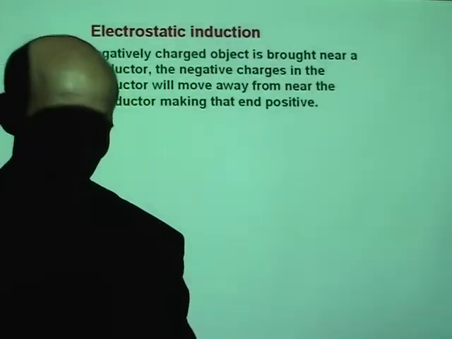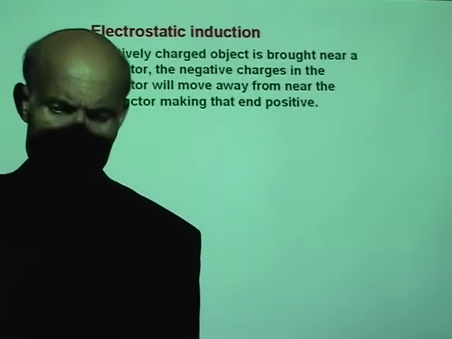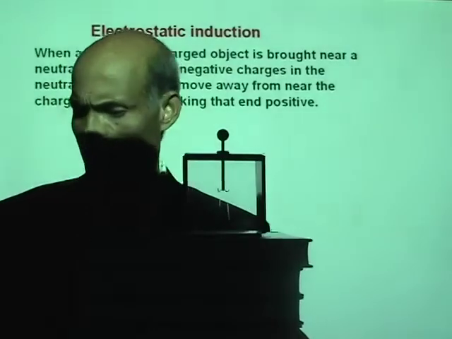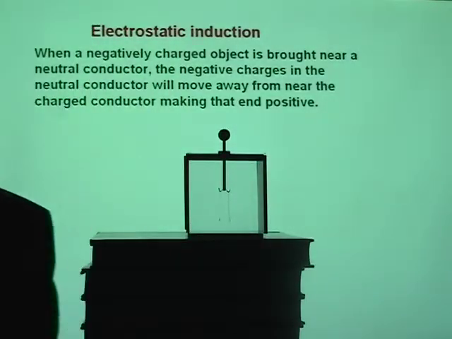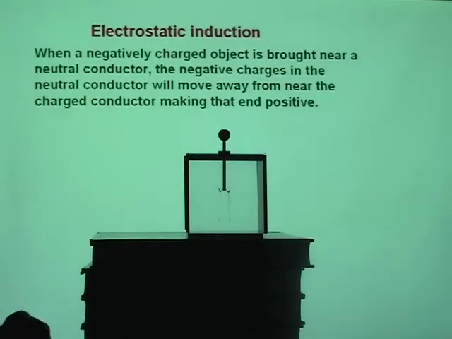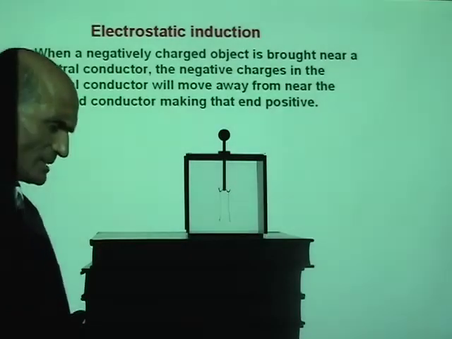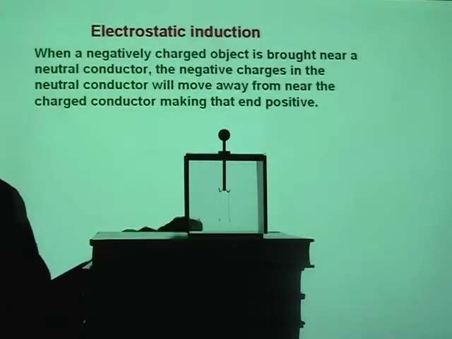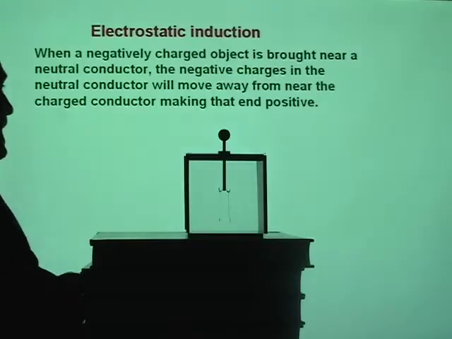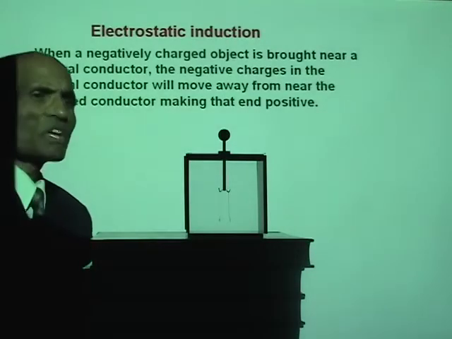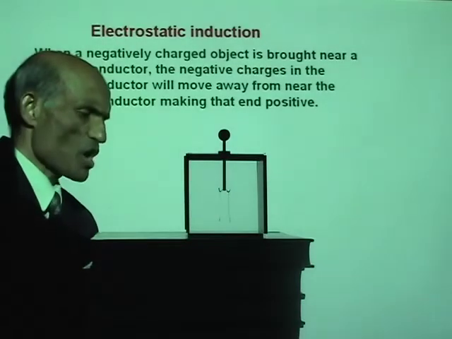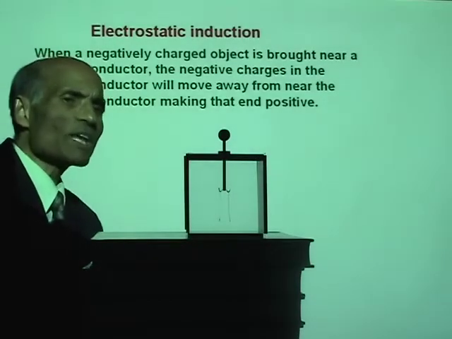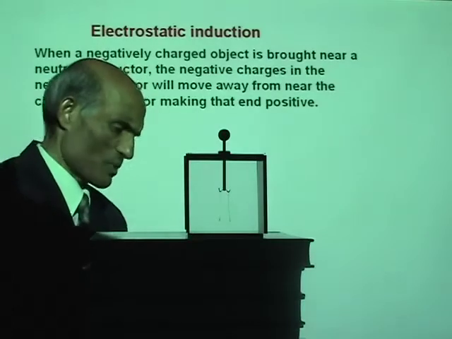I'm not confident it will work, but I will try and see what happens. Alright, I will try and charge an object by rubbing it, and this time I am not going to touch the platform of the electroscope. I'm only going to bring it close to the electroscope.